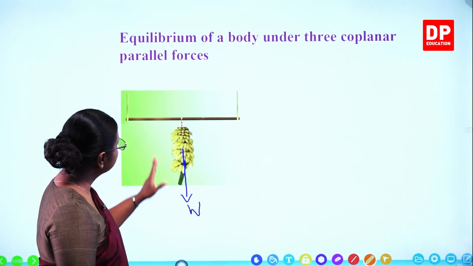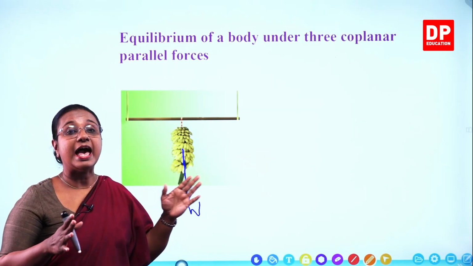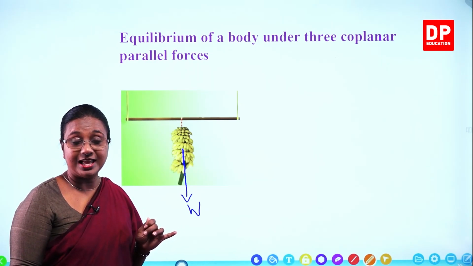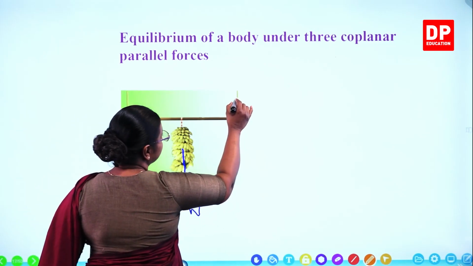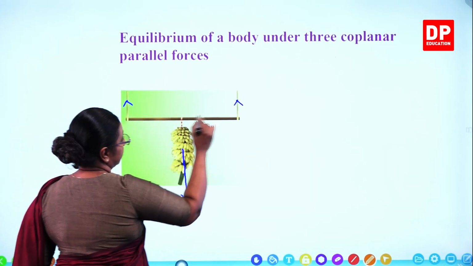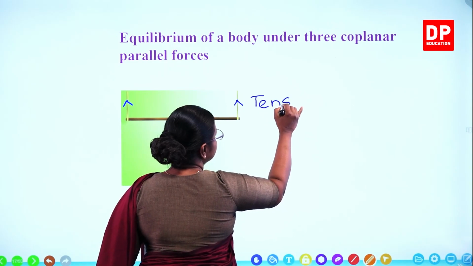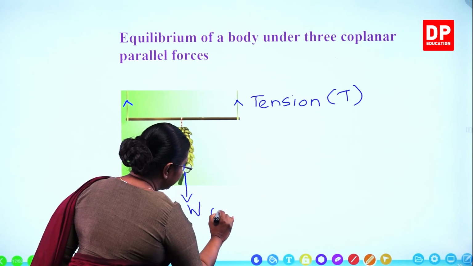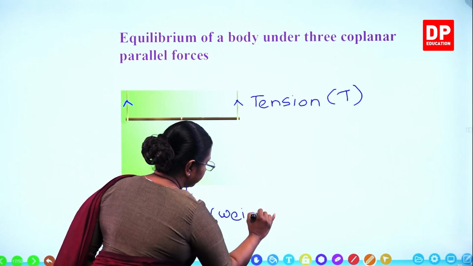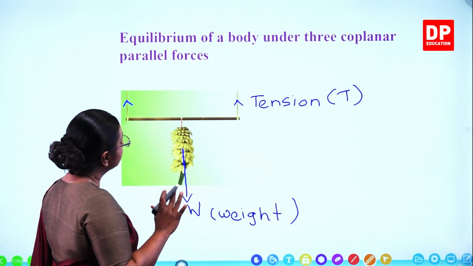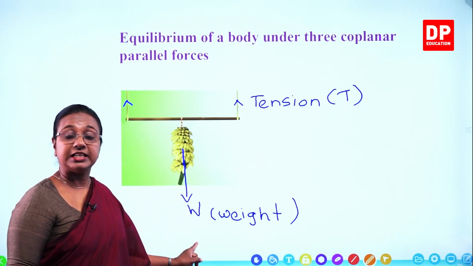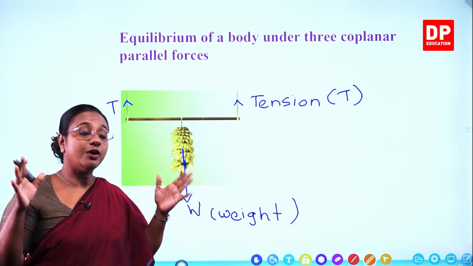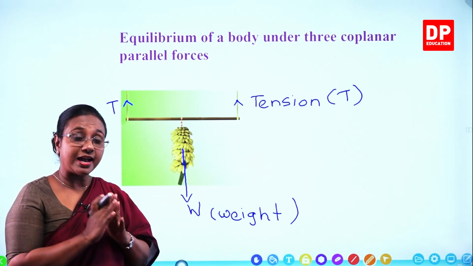So, in this situation, there are two forces acting in the opposite direction. I am sure you all can guess what that is. The tension acting on the two strings. So, here it is the tension. Normally, we use the letter T, and W is the weight. So, here the weight is one force acting downwards. There are two forces, the tension acting on both the strings, and they are acting upwards.